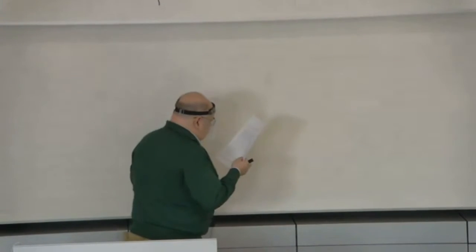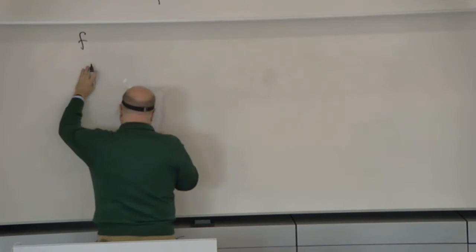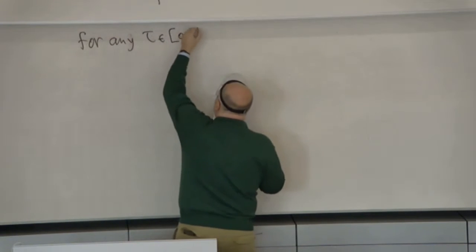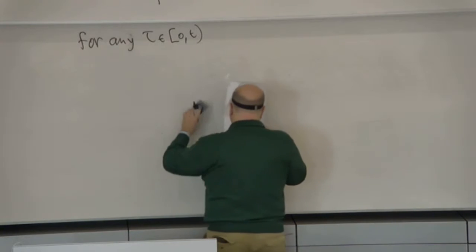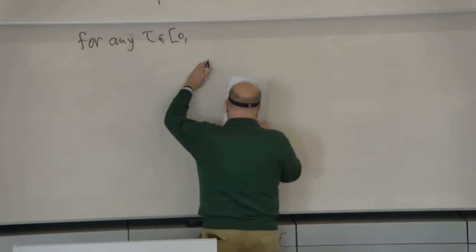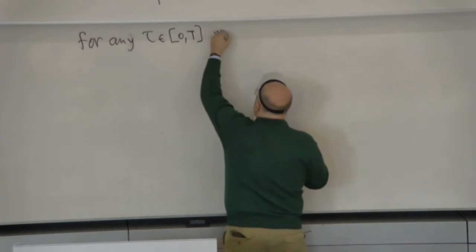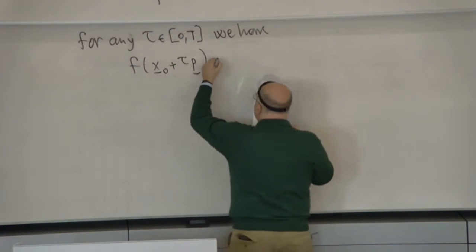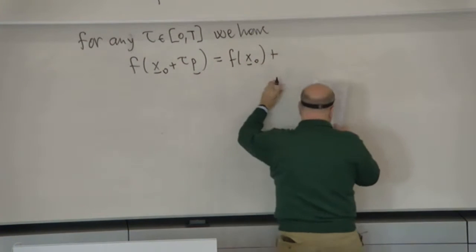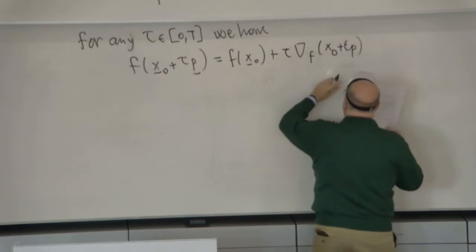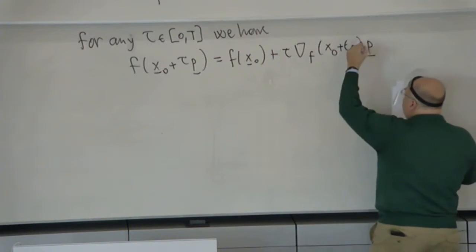And so by taking any value, I used another letter, tau, in the interval 0 to capital T, we have f of x0 plus tau p equals f of x0 plus tau times the gradient of f at x0 plus tp times p.